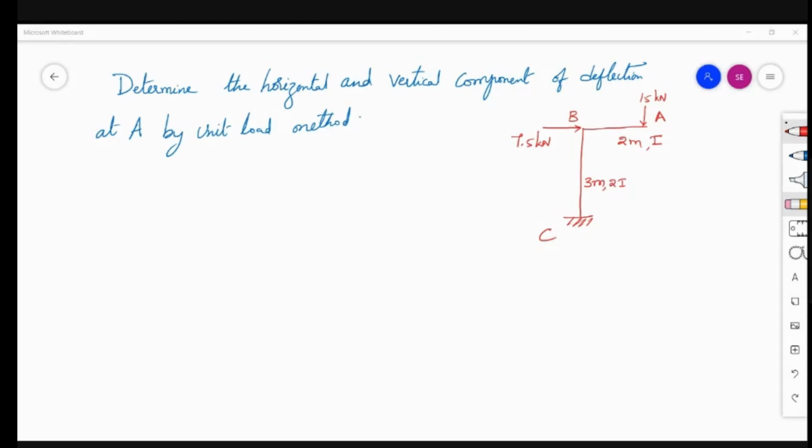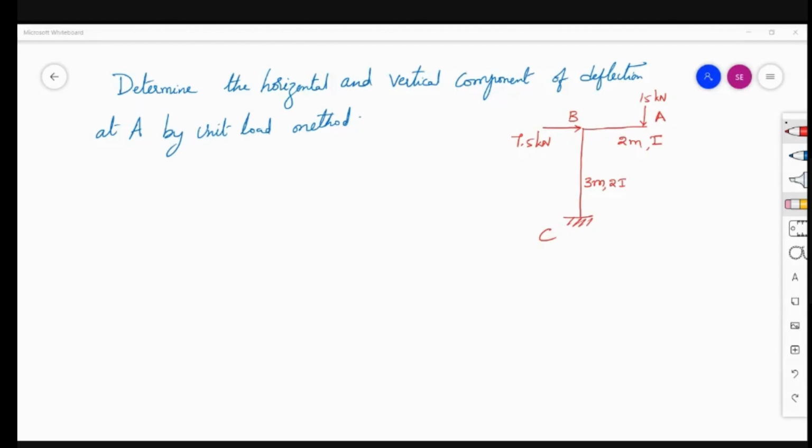Right. So here what we have to do, we need not do any support reaction calculation here, as there is a free end. We can start analyzing this one. So first understand what we have to do here.